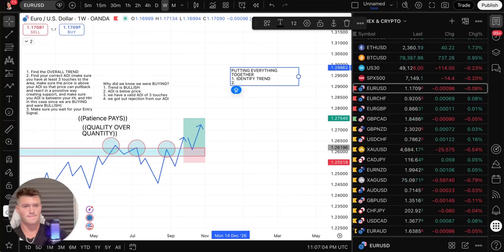Two, mark areas of interest. Three, wait for price to return to our area of interest. Four, enter the trade on confirmation.